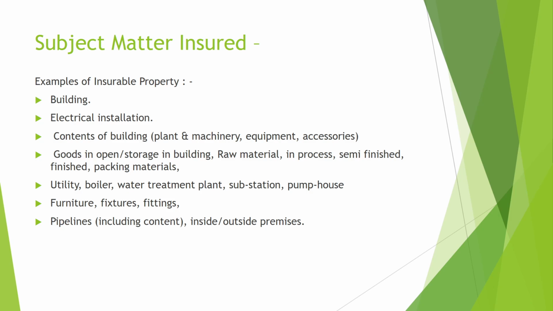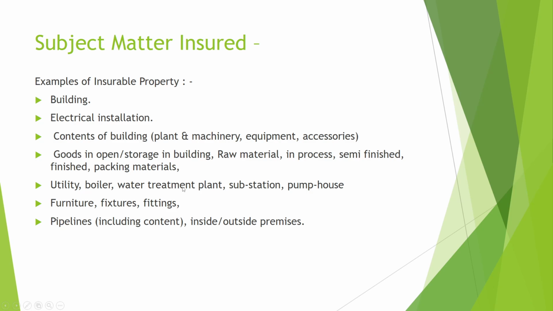So this is the subject matter which we can insure under these policies. I have talked about subject matter in my last videos. If you have not seen those videos, please go and watch them so you can understand what subject matter means. For those who have seen the lecture, the buildings can be insured, the electrical installations can be insured, contents of the building can be insured, and goods can be insured.